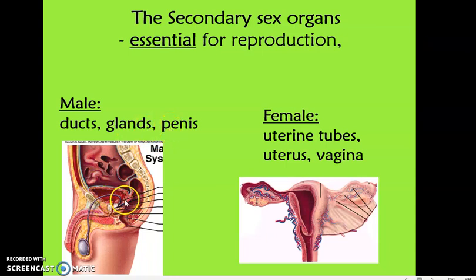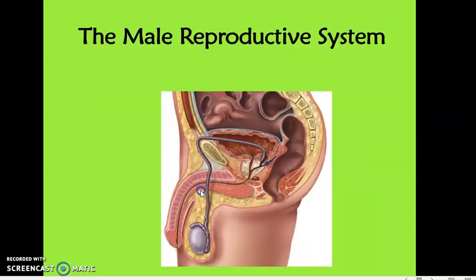The penis is where the sperm exits the body and is used to deposit the sperm inside the female. Where will the sperm go? Into the vagina. To fertilize the egg, it has to go up past the cervix, the opening to the vagina, through the uterus, and into the oviduct or fallopian tube where the egg will be waiting. We'll see more of those female pictures in a little bit.